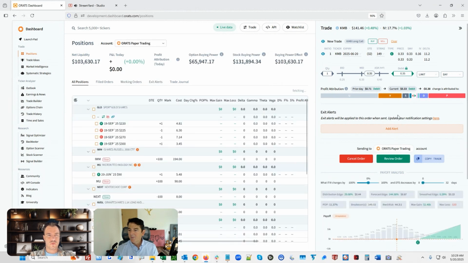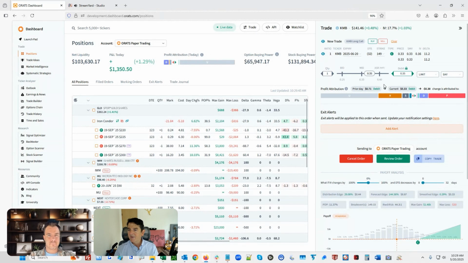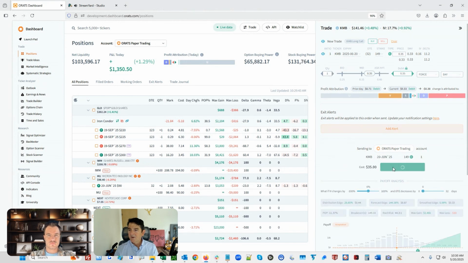And I think we could probably fill at 35 on this market. So why don't we force that? Now, of course, we're long. Of course, it's way out of the money at 149 versus 141. But we have some time. We have a month. And so, again, I think this is a good shot to take.